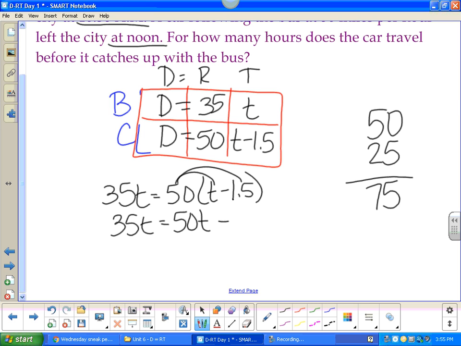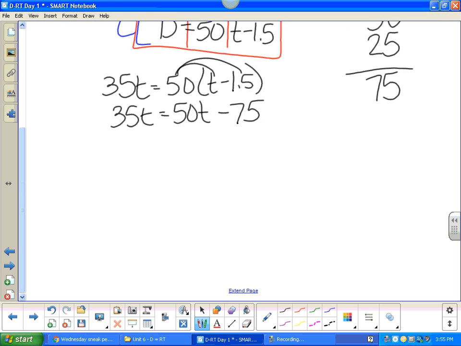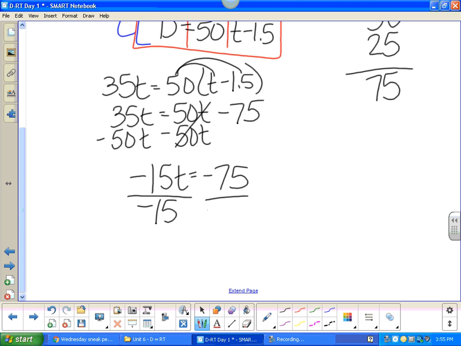So 1.5 50s is 75. Then I'm going to subtract the 50. 35 minus 50. Going to be negative. See, 50 to 40 would be 10, and I got to go 5 more, so 15. Then divide by negative 15.